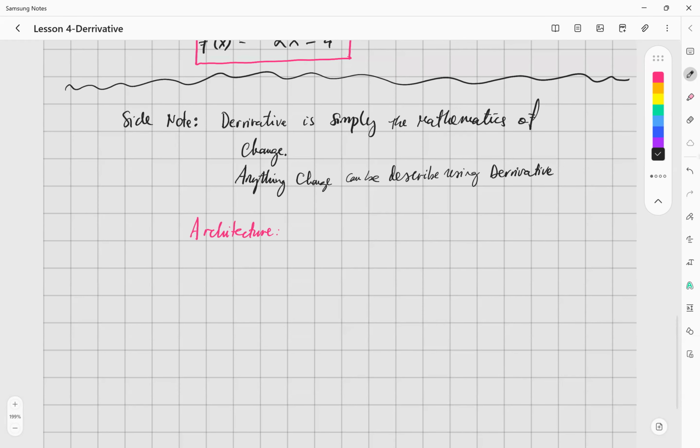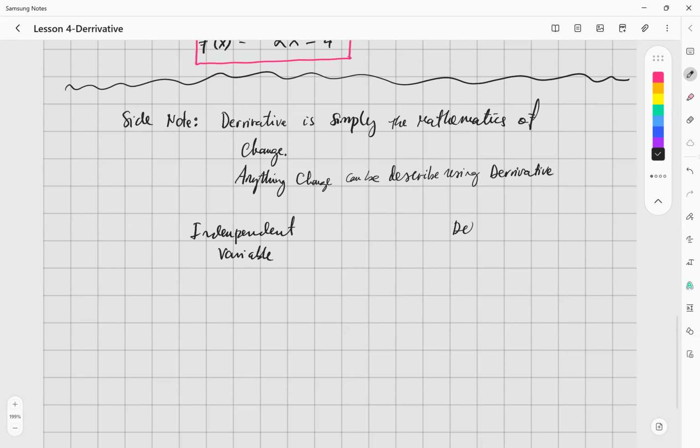What is the rate here? What is the dependent variable? When you talk about a rate or about changing, it has to be something that is causing the change. So you have a dependent variable and an independent variable.